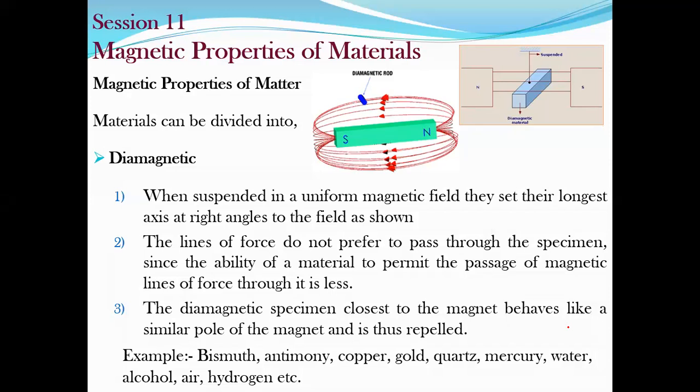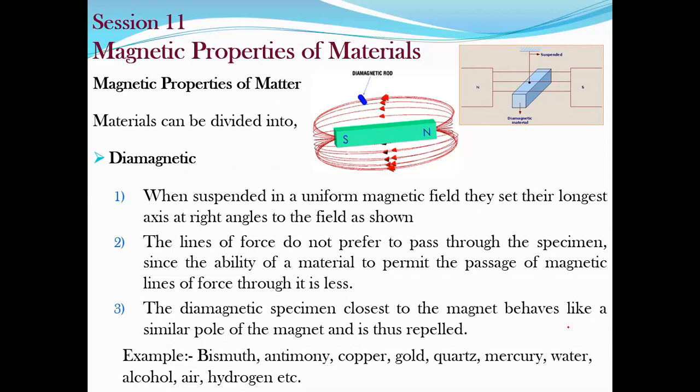The field lines are actually not passing through the specimen, since the permeability of the material, which permits the passage of magnetic lines of force, is less. The diamagnetic specimen closest to the magnet behaves like a like pole of the magnet, and thus it repels.